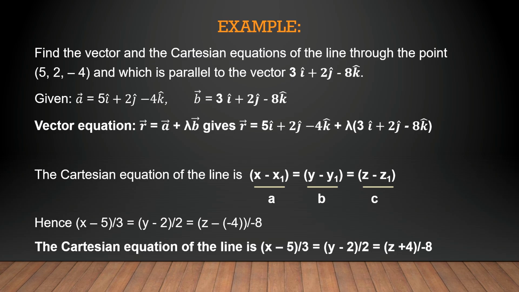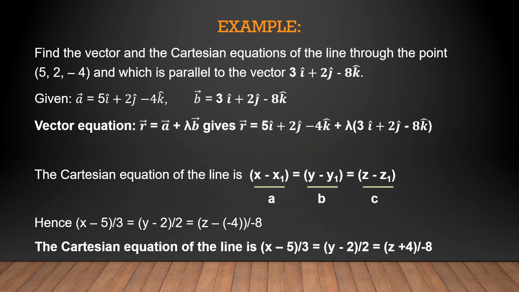Now if you want the Cartesian form of the equation, how will you get it? Cartesian form: x minus x1 upon a is equal to y minus y1 upon b is equal to z minus z1 upon c. So you have x1, y1, z1 as 5, 2, minus 4, correct? And what will be the values of a, b and c? They will be the direction ratios for the parallel vector, which is 3i cap plus 2j cap minus 8k cap.